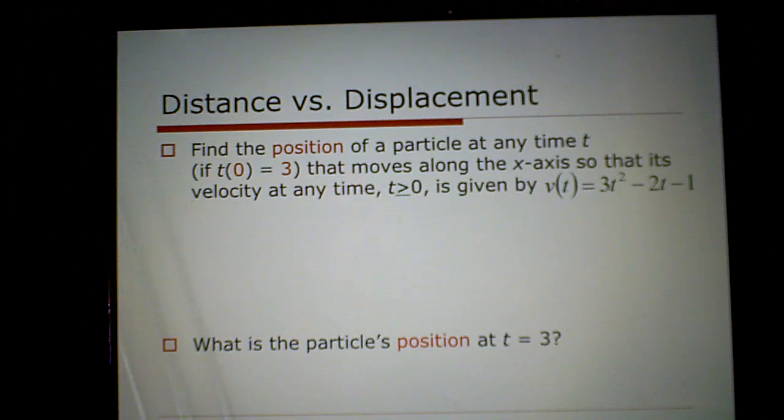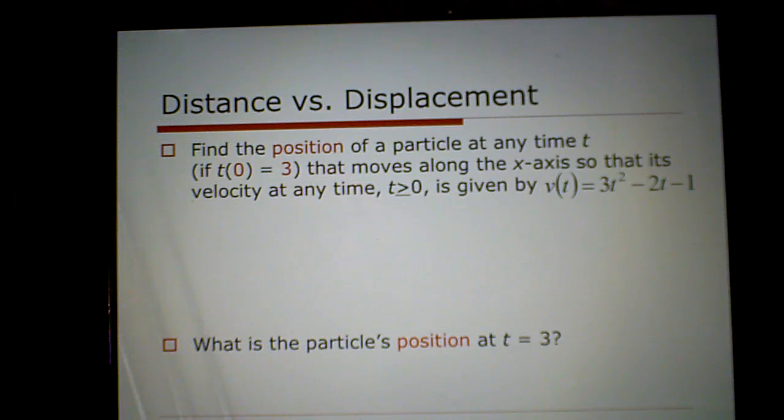Now, distance versus displacement. Distance versus displacement is how we've also talked about this in Unit 5 when we talked about collecting integral values that are positive versus changing signs. What does that mean?